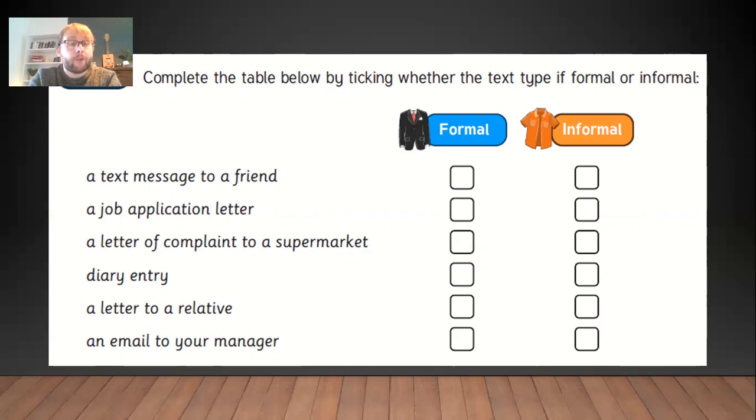You're saying whether or not that type of text would be formal or informal. So is a text message to a friend formal or informal? Is a job application letter formal or informal? So you're going to go down, think about all those different genres of writing, all those different types of text, and say, are they formal or informal? When you've done that, I'm going to tell you the final task to be getting on with. Speak to you in a second.